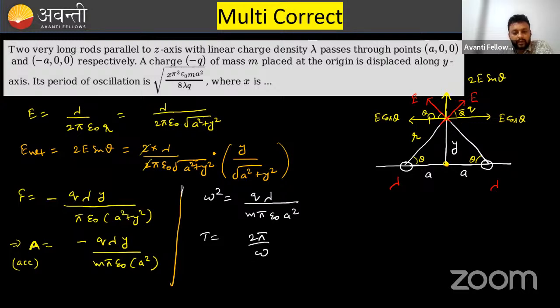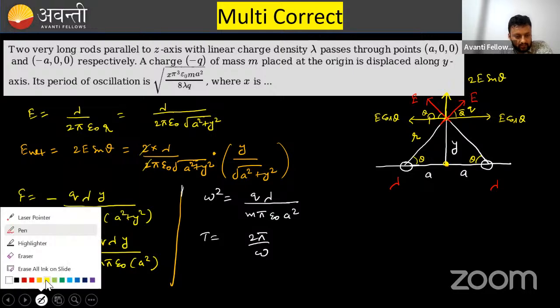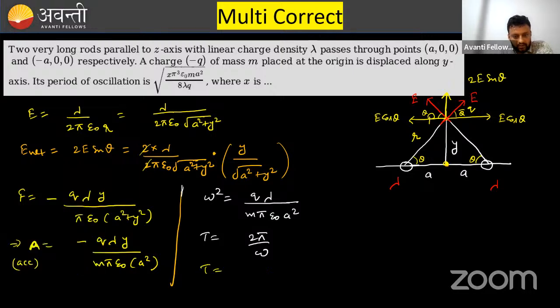2 pi by omega. I just need to put the values. T is equal to 2 pi by omega. Omega means root of q lambda divided by m pi epsilon naught a square. Now, if I check the answer, everything is inside the root.